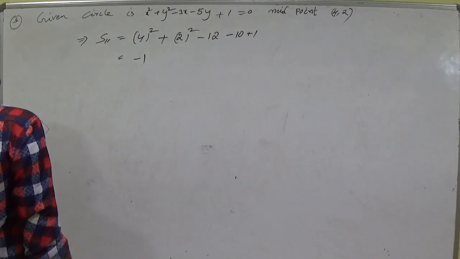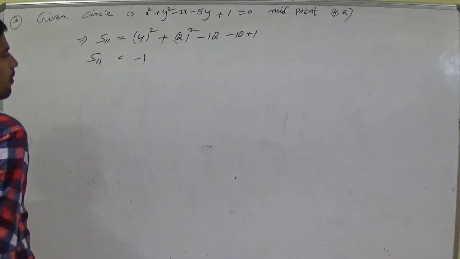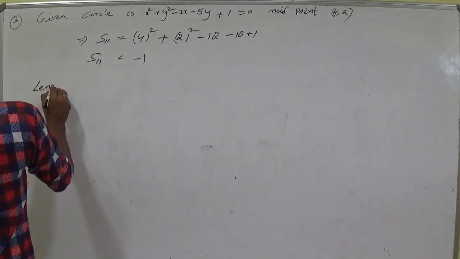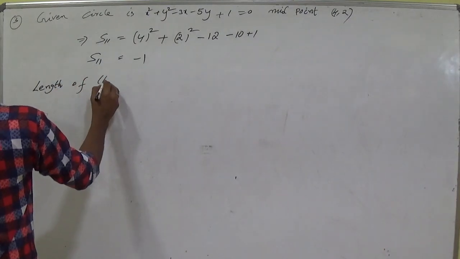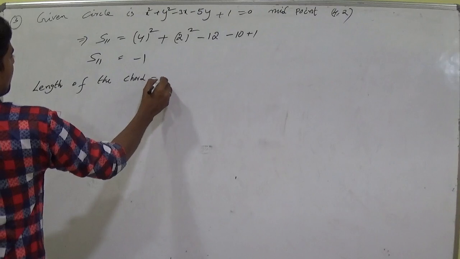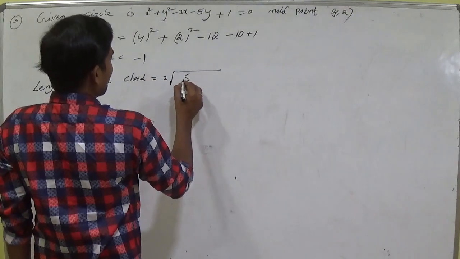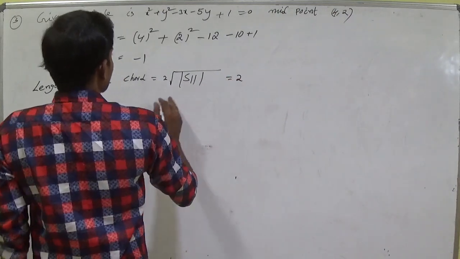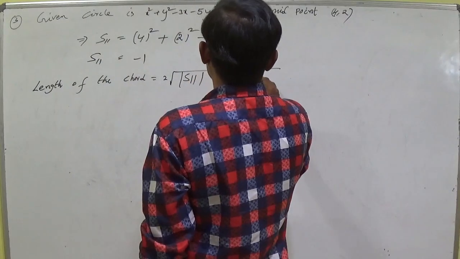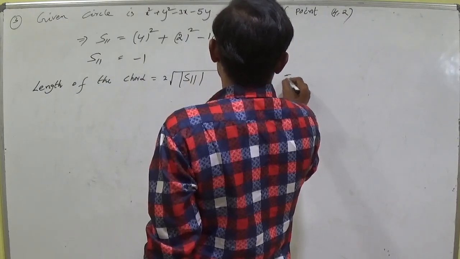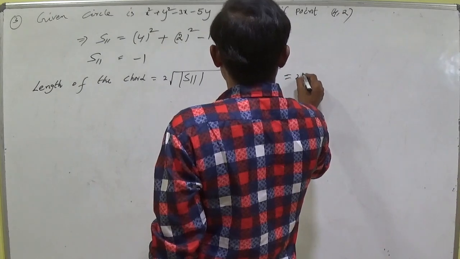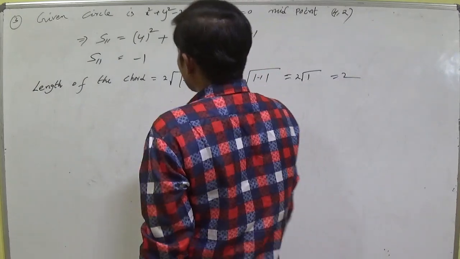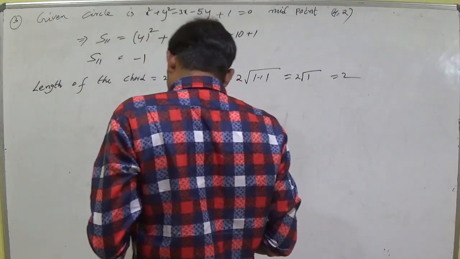S11 is equal to minus 1. The length of the chord equal to 2 into square root of modulus of S11, which is equal to 2 into square root of modulus of minus 1, which is equal to 2 square root of 1, which is equal to 2 units.